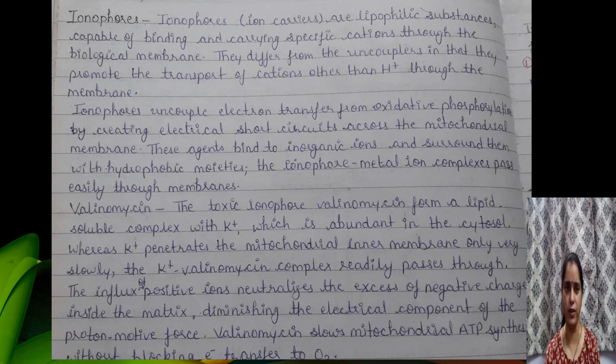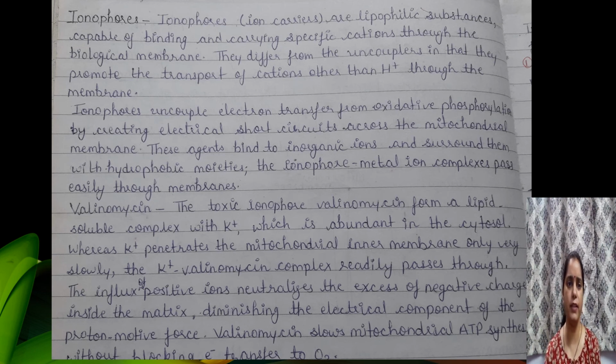That is the main difference. Ionophores uncouple electron transfer from oxidative phosphorylation by creating electrical short circuits across the mitochondrial membrane. These agents bind to inorganic ions and surround them with hydrophobic moieties. The ionophore metal ion complexes can pass easily through membranes.